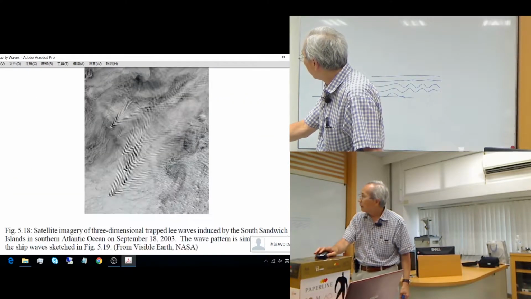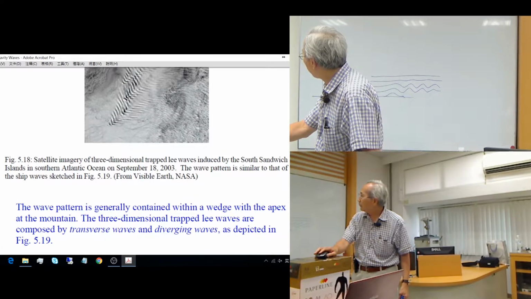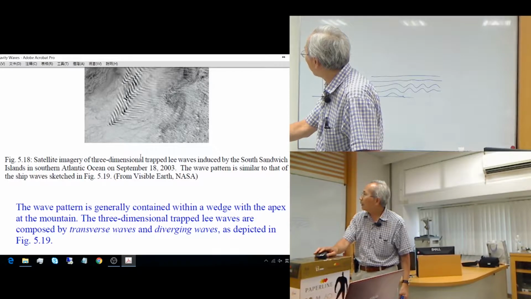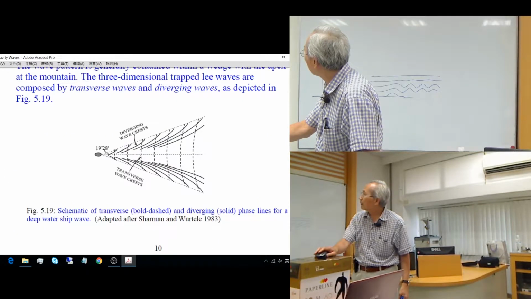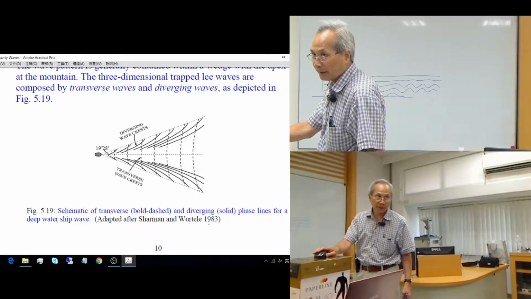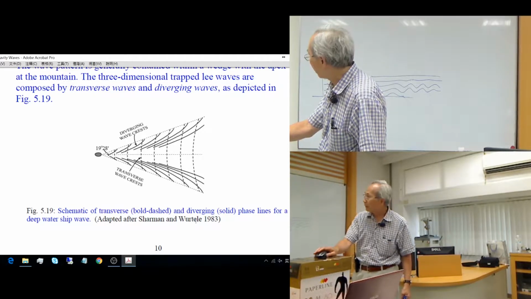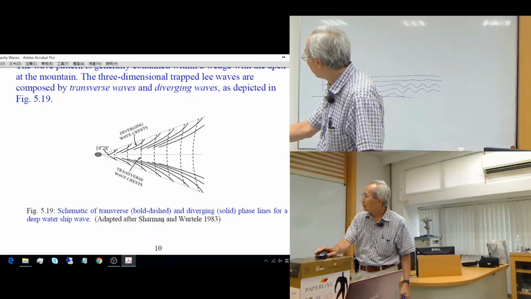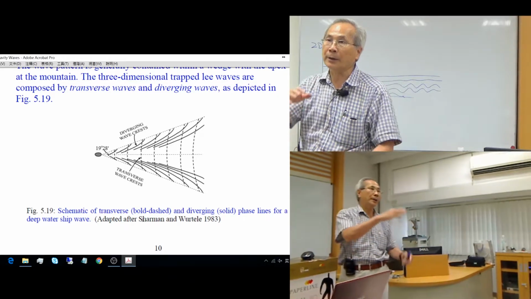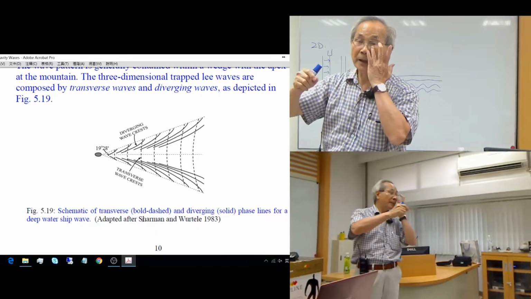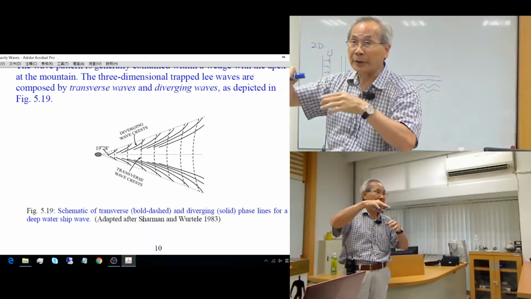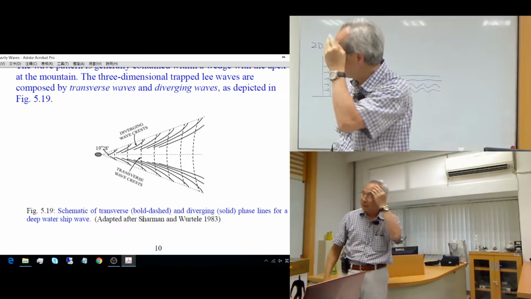There is one paper that has studied this very well, by Sherman and Utere in 1983. Sherman is now working at NCAR and is quite well known in that area, studying aviation turbulence and shifting problems.